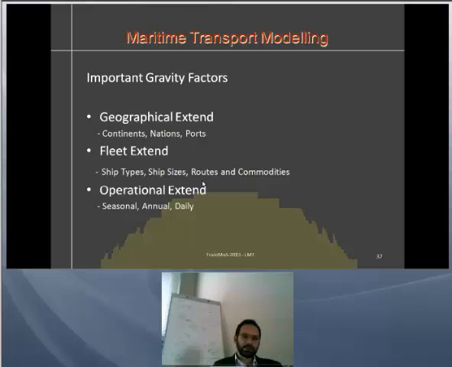Then we need to take in mind the fleet extent. As we have seen in this presentation, we need to know exactly the ship types and the ship sizes, what exists and what are the trends, what the market wants, and which are the actual routes and the commodities that they transport.